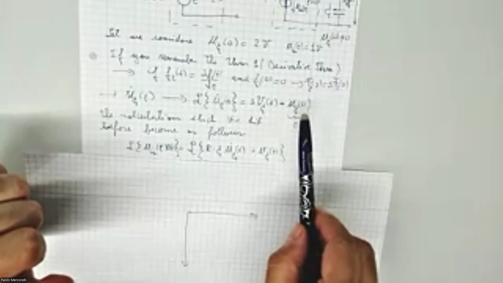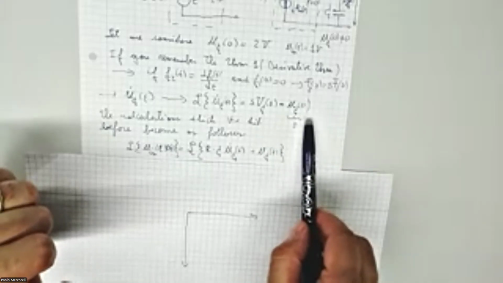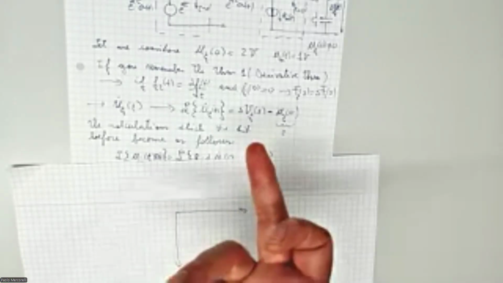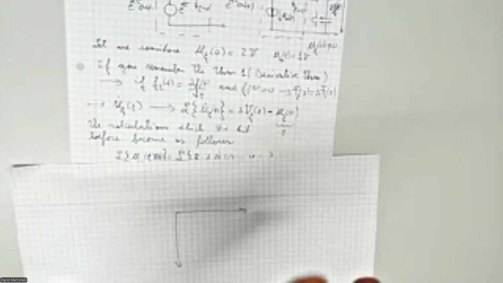We will see the meaning now of this initial condition. We can say the initial condition characterizes what? You remember what we have seen until now? The free answer. It characterizes the free answer. Very often, in the theorem itself, we find f of 0 equals 0, or here u of 0 equals 0, because we will see that we consider in Laplace just the forced answer, and we will see why.